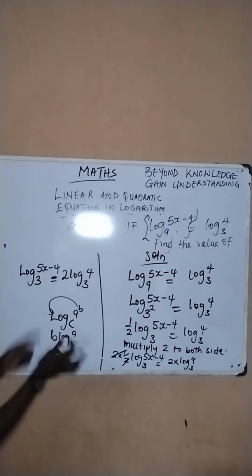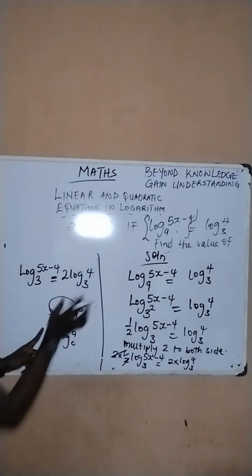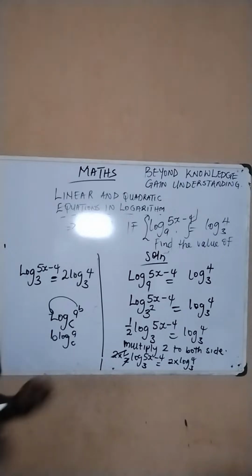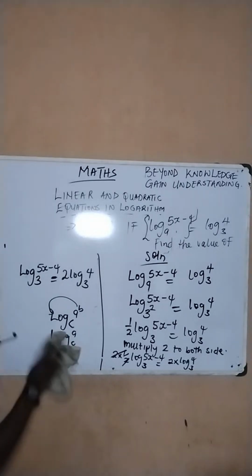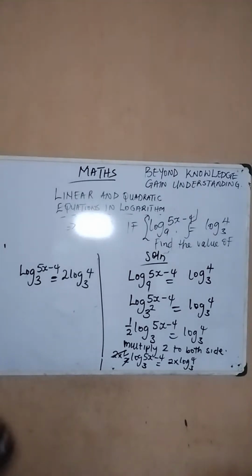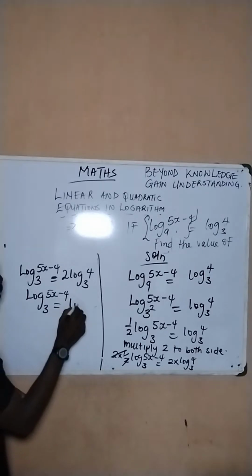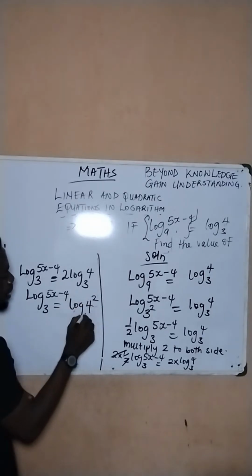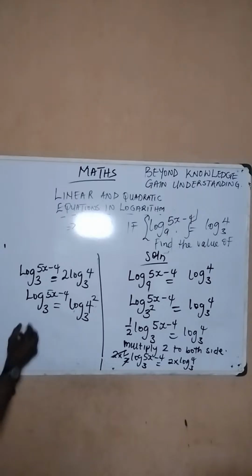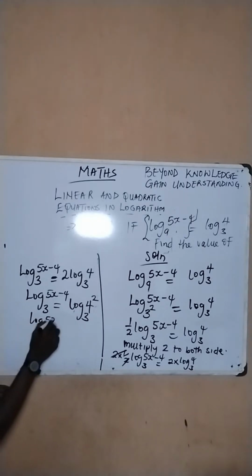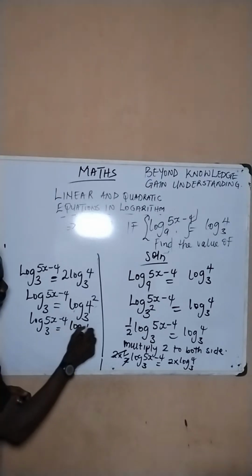We want to represent this now in this way because they are both the same thing. So once we've done that, this is now going to give us log 5x minus 4 to the base of 3 equals log 4 squared base 3, which is now going to give us log 5x minus 4 base 3 equals log 16 base 3.